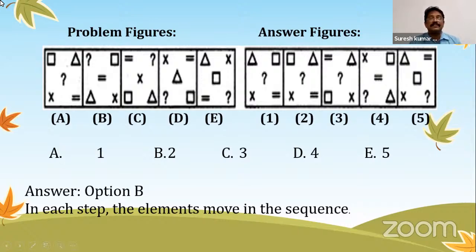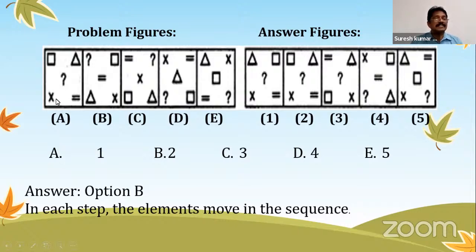Now observe the figure. This is very important. Here the square, here the triangle, here the cross, here the equal, here the question mark. These are the symbols. Now see this part. There are 5. Now this is moved here, and this is moved here.